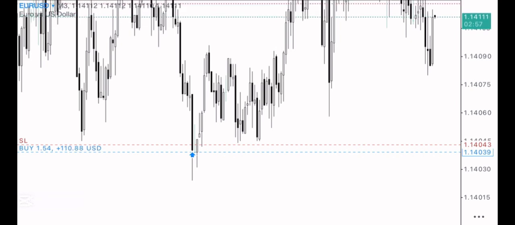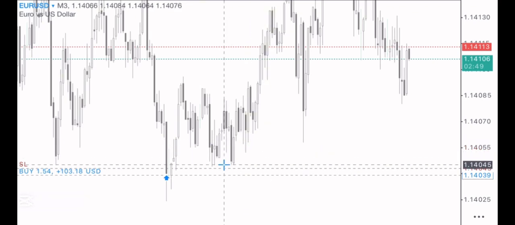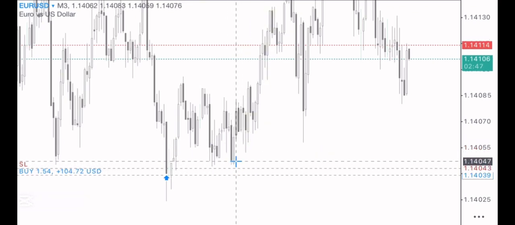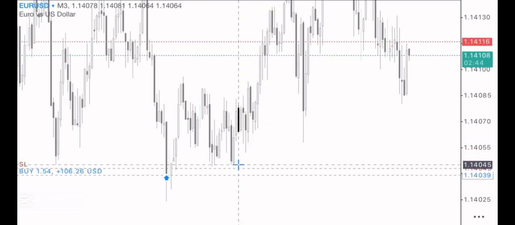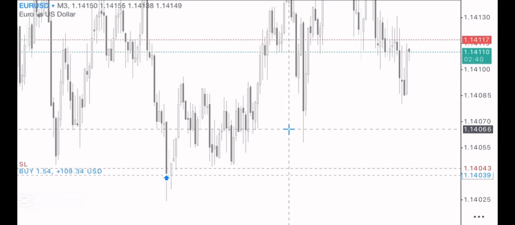So I advise you to also do that if you're still having issue trying to train your psychology. If I was psychologically weak, I would have closed this trade right here. You can see how price was close to my B, so it would have affected me just 1 way.